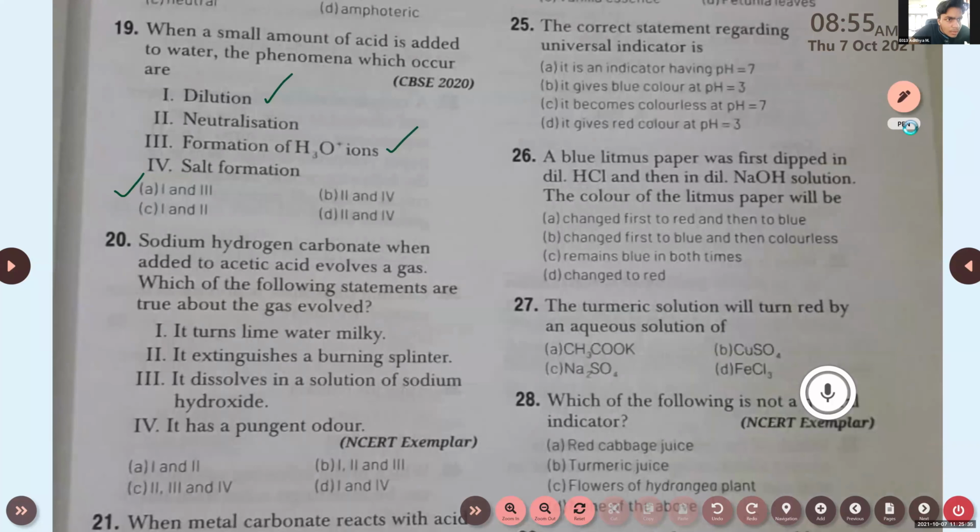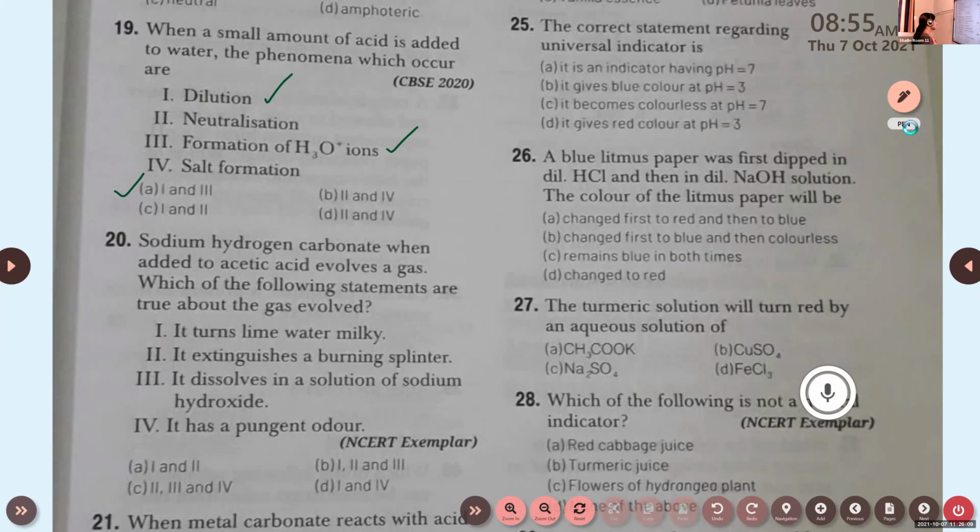Sodium hydrogen carbonate when added to acetic acid evolves a gas.